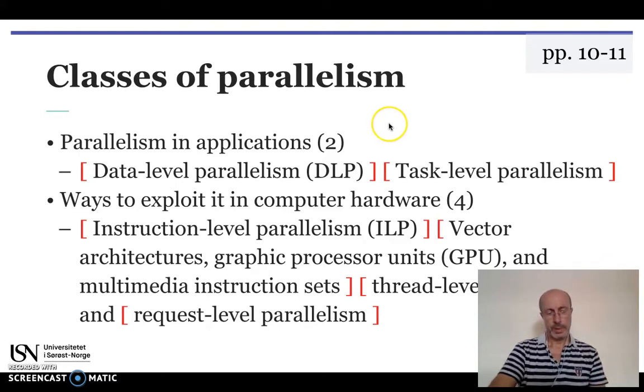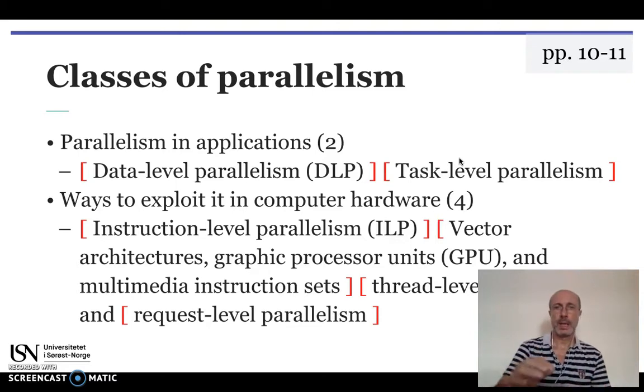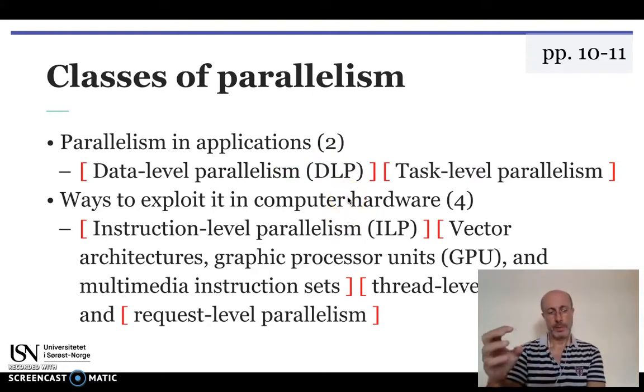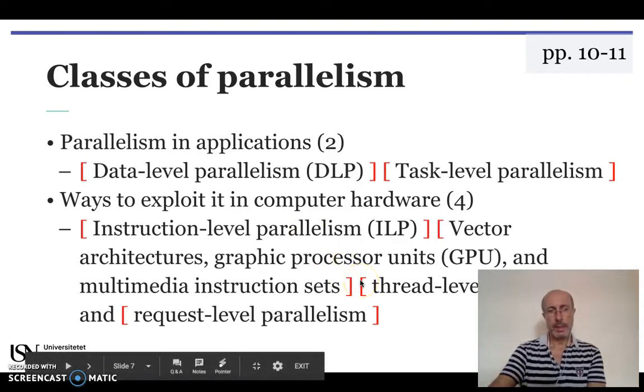The book considers that parallelism in applications takes either the form of data-level parallelism, where many items of data are operated on at the same time, or task-level parallelism, since many of the tasks involved by a given application can operate independently. Now, computer hardware can exploit these two forms of parallelism in multiple ways, as shown here.